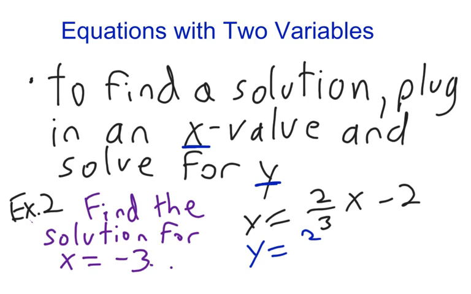So we have y equals 2/3. I'm going to plug in my -3 for x, minus 2. And I know that this means I'm multiplying and it's by a fraction. So remember your rules. If you have a common factor on the top and bottom, like 3 is my common factor, it will go in once.